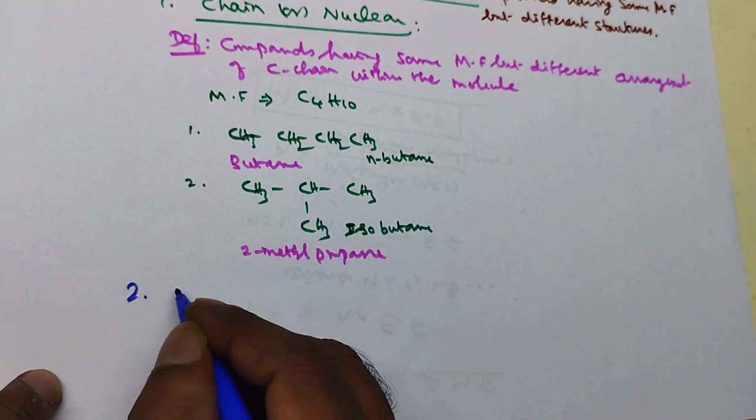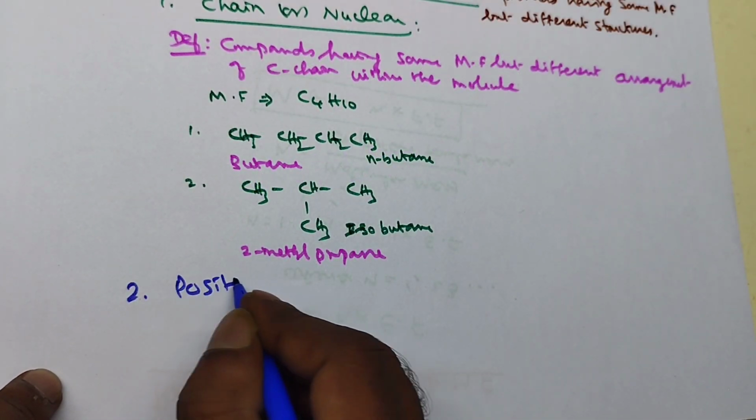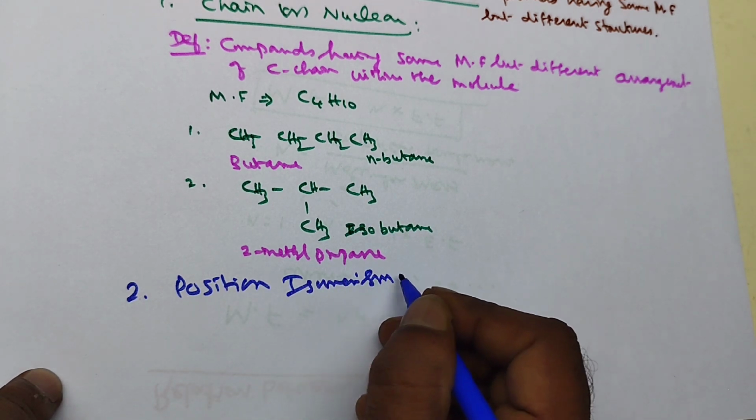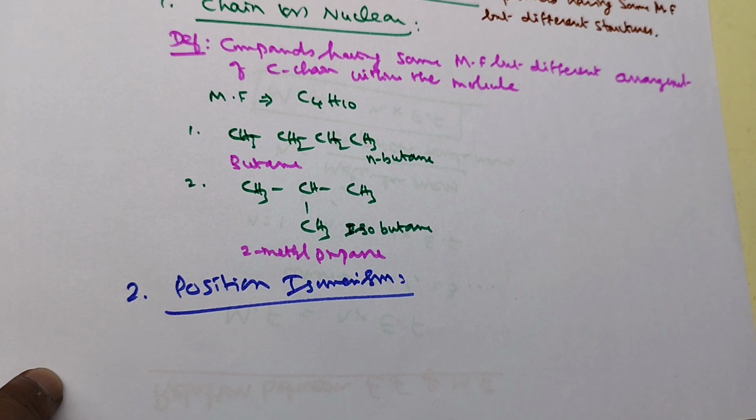The second one is position isomerism. First we will define what is meant by position isomerism. Compounds having the same molecular formula but different positions of the functional groups. For example, the position of the double bond may be different, or the position of functional groups like OH may be on the first carbon atom, the second carbon atom, or the third carbon atom.